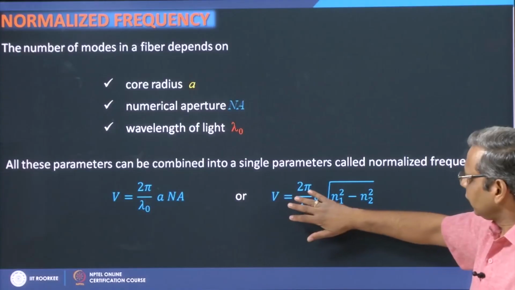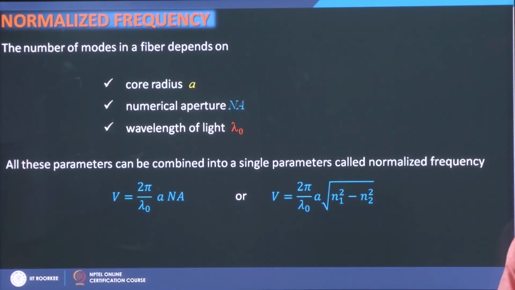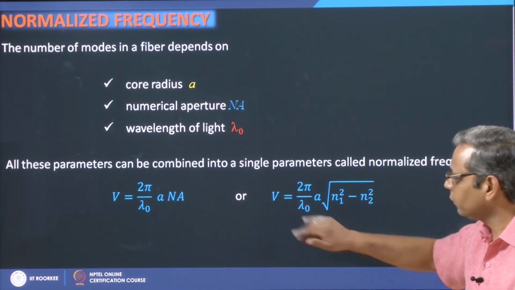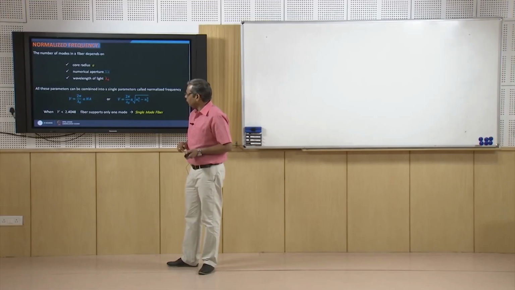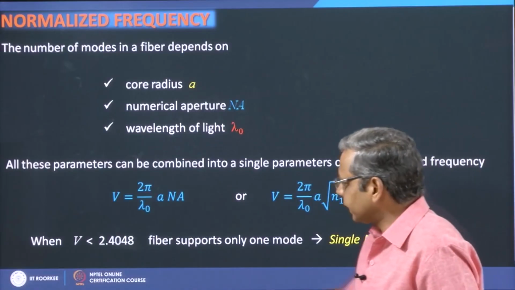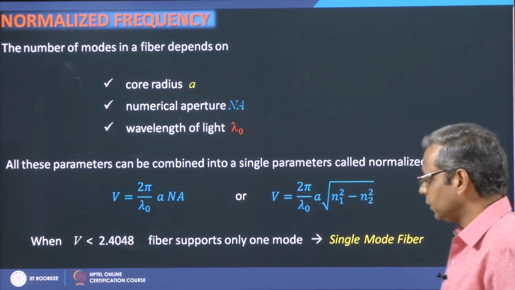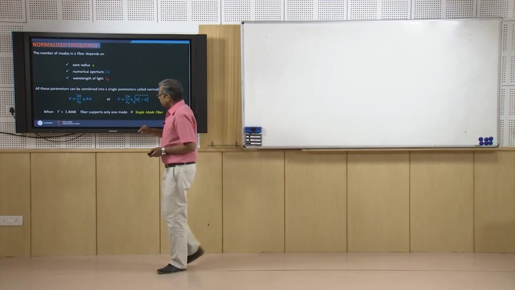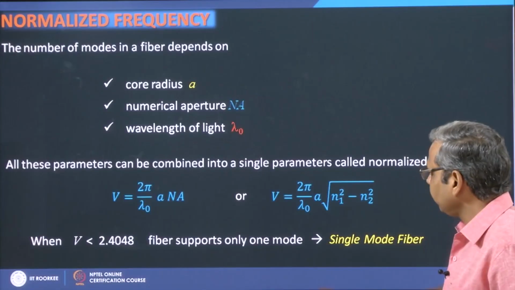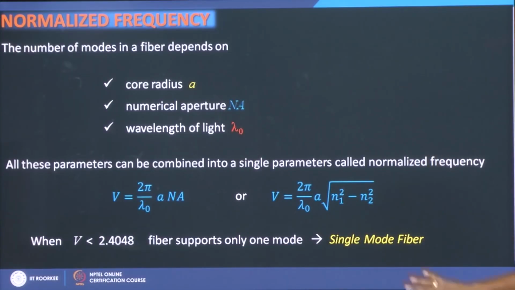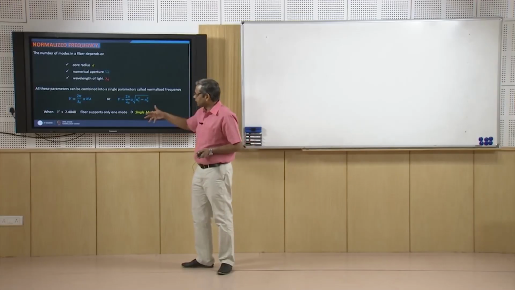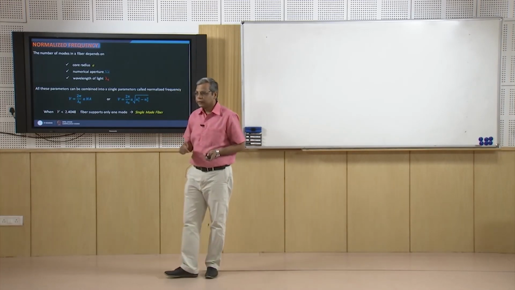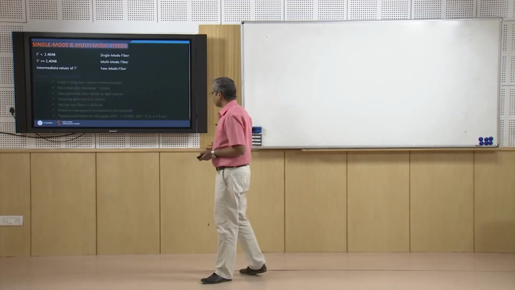So, how many modes would be supported by a fiber will depend upon the value of V, and we find that when V is less than a certain number, 2.4048, we will find out from where this number has come later on, but when V is less than 2.4048, then the fiber supports only one mode, and such a fiber is called single mode fiber, and when it is larger than 2.4048, then the number of modes are more.